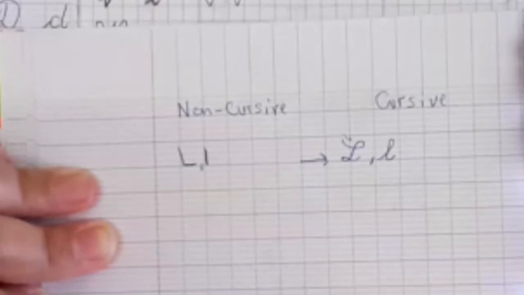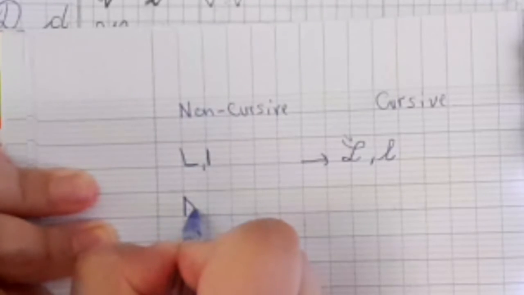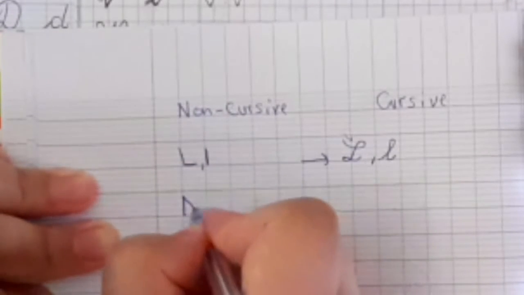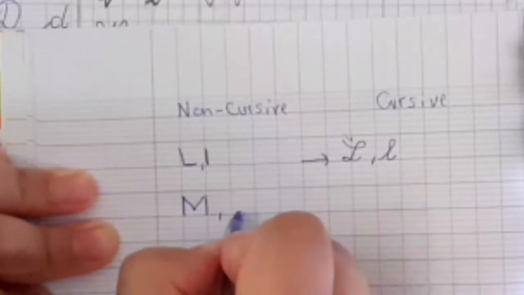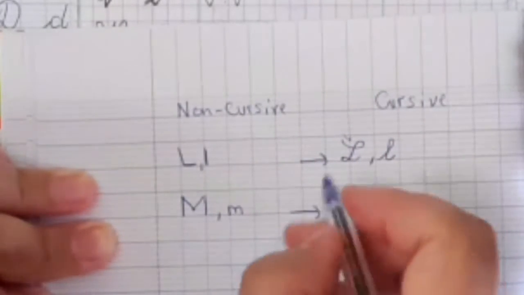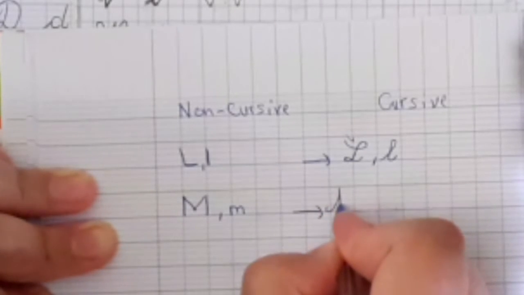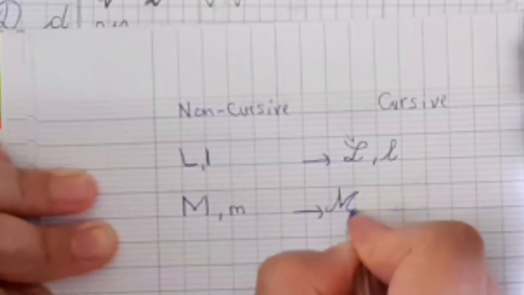Okay, so now we move to M. M in non-cursive form is like that. So this is M. Now in cursive form it is, some people write it like that.